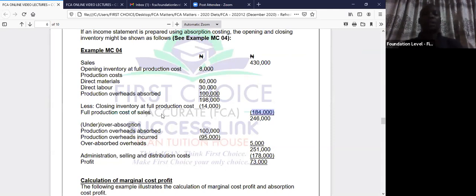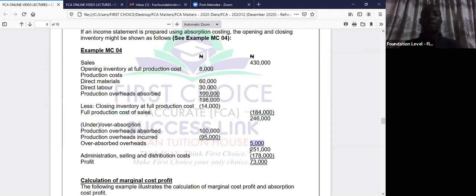Now, there is a comparison here. This 100,000 is the same 100,000 here, which you have absorbed. Because you have absorbed this, and this is your production overhead incurred, it means that you have an overabsorption of 5,000.